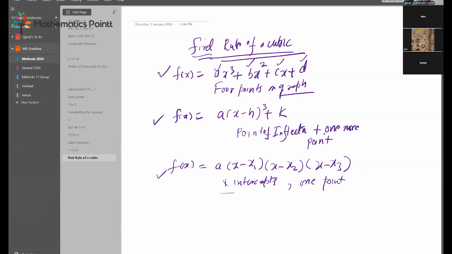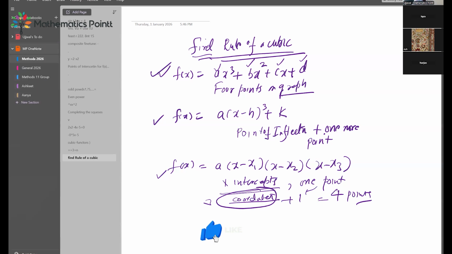Now, you can argue that the x-intercepts are nothing but just coordinates on the graph. So if I assume them to be coordinates, that means I'm given 3 coordinates plus 1 as another point. I'm given 4 points. Why should I not use the first one? You can. You can use the first or the third depending upon what kind of coordinates are being provided to you.